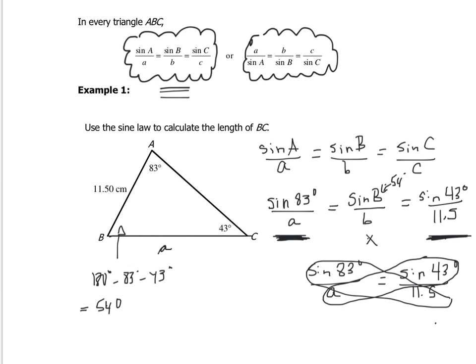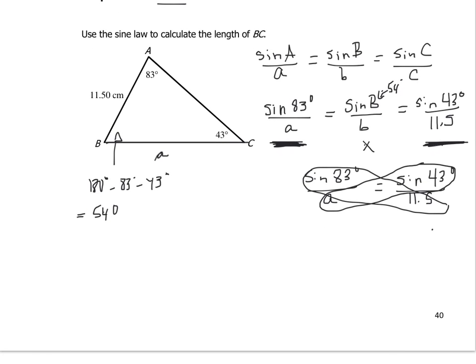Okay, let's move that down a little bit. All right, so the first step was to set up the ratios. And then the second step was to determine which two to set equal to each other.